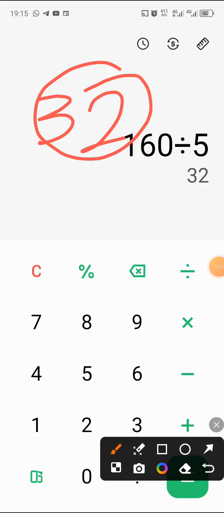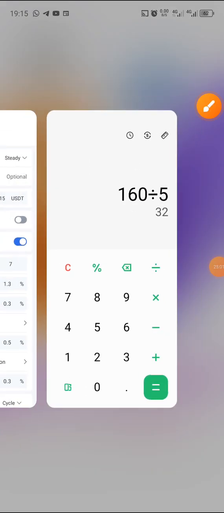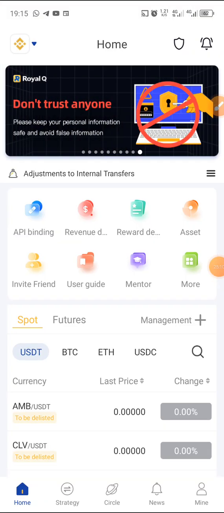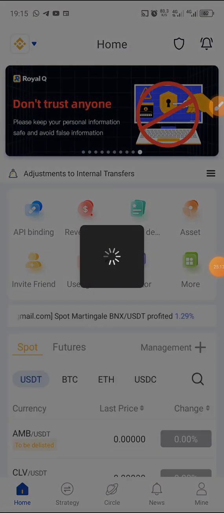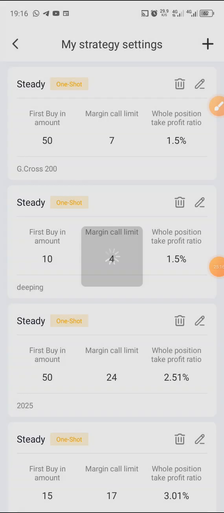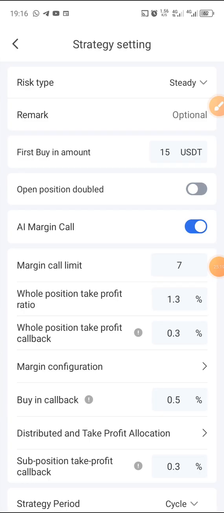So how do you put this into your robot? That's step number 2. How do you put these calculations in your robot? Let's go back to our RoyalQ. Remember, we have got 32 as our number of margin calls. Come here, tap my strategy setting, add.